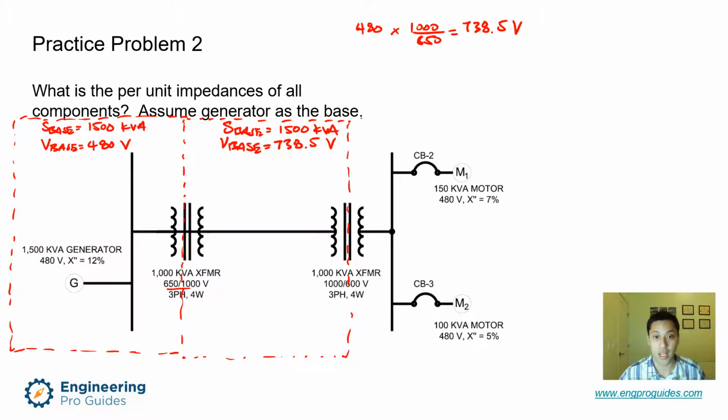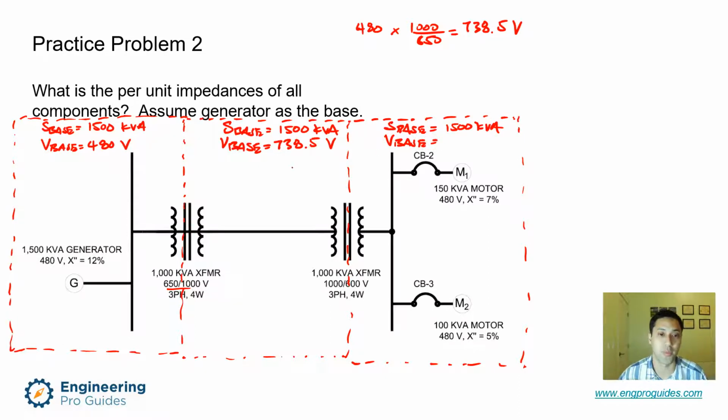And then we're going to have one more zone because we're hitting another transformer. The power base is going to be the same. S base is equal to 1500 kVA, and then V base is equal to, we're going to transform this 738.5 over.